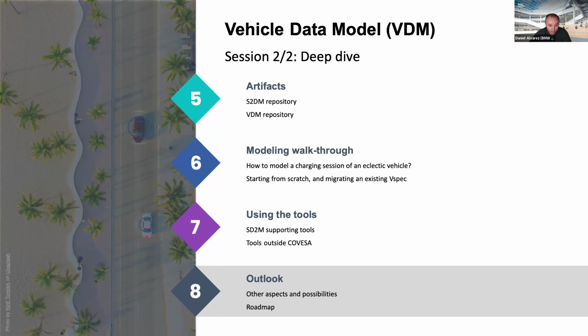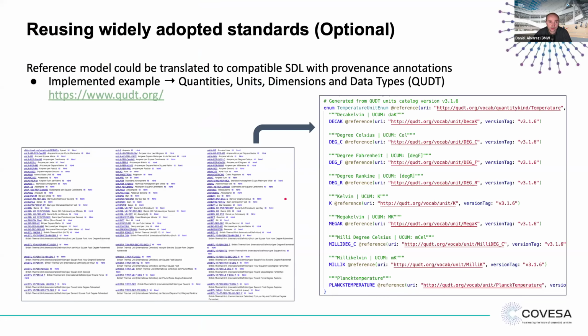Okay, so if I can, let me just show you some other aspects that are possible and we have been working on. The principle of reusing existing standards. This is something that many times is overlooked, but in my opinion is one of the fundamental principles of any data modeling activity: reusing what is there.